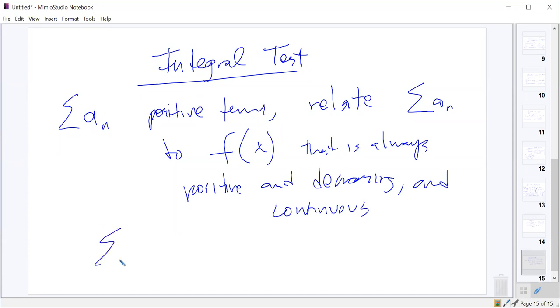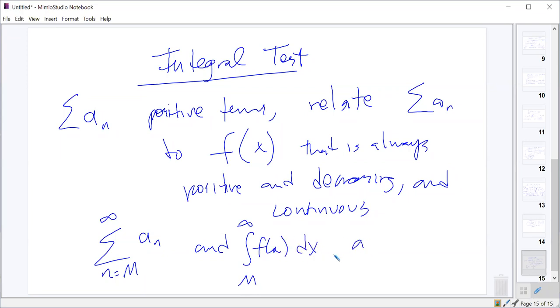Then we know that either both, and normally we'll use some letter, we'll say the sum from n equals capital M to infinity of a sub n, and the integral from M to infinity of f of x, they both converge or both diverge.